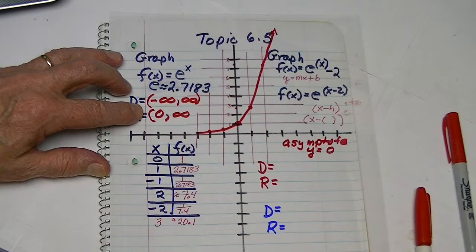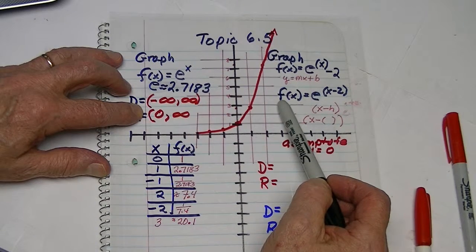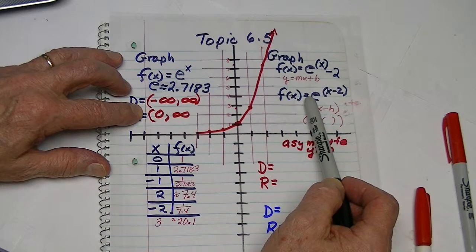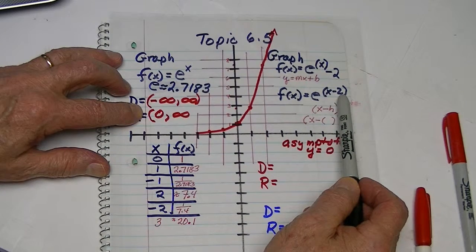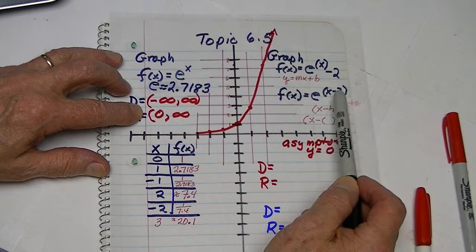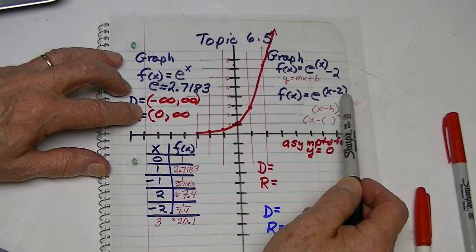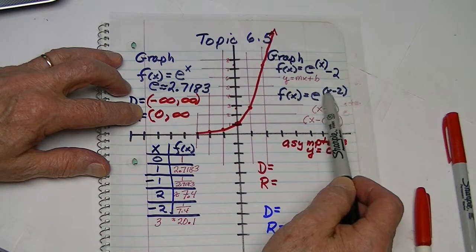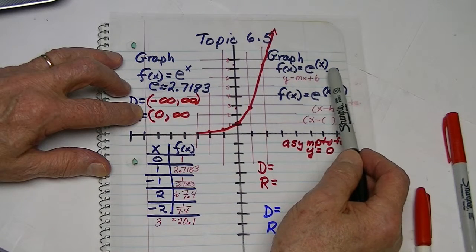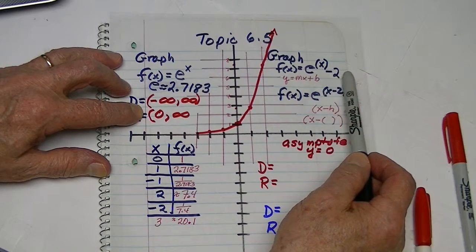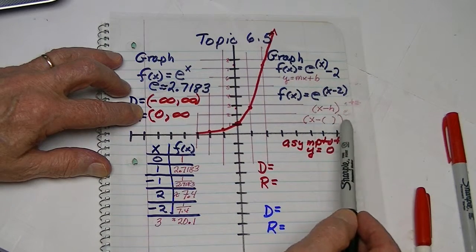And now what we're going to do is look at this other function, the function of e. Now, the exponent that we're raising it to is x minus 2. It's included in the exponent, and the parentheses include it. Now, it differs from this one, where the negative 2 is out by itself, in a sense. Here, the negative 2 is part of the exponent.